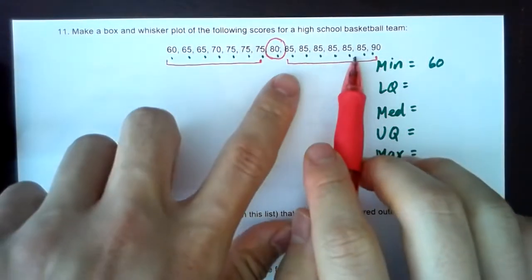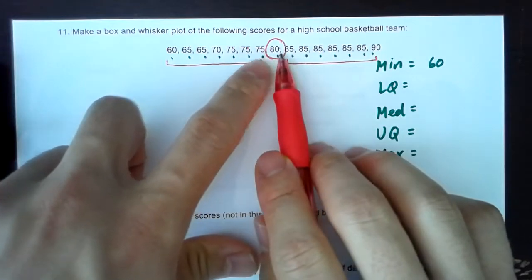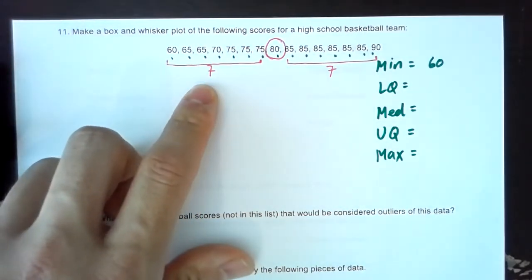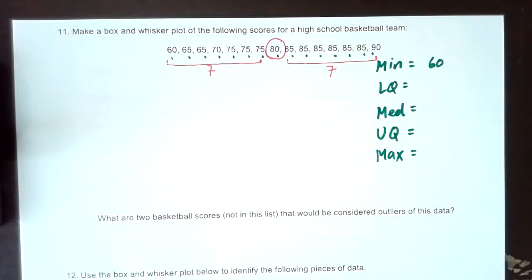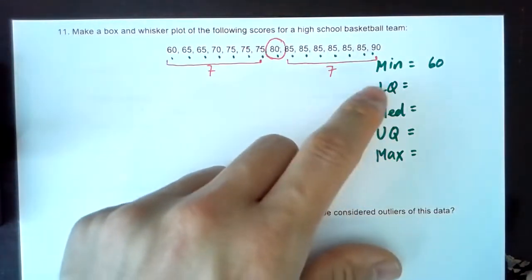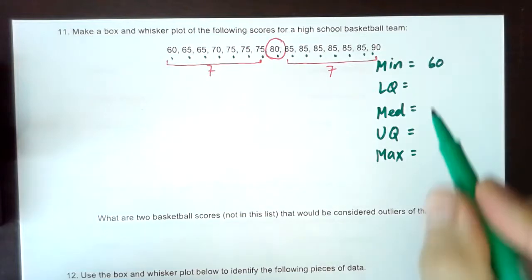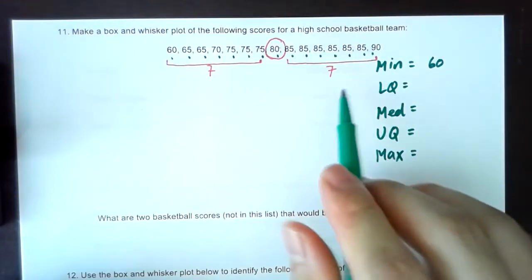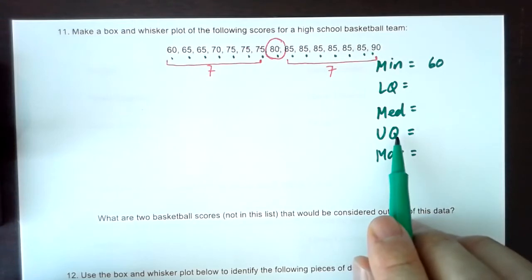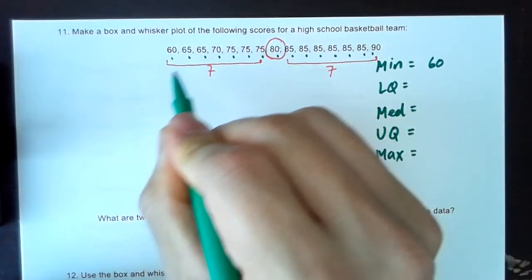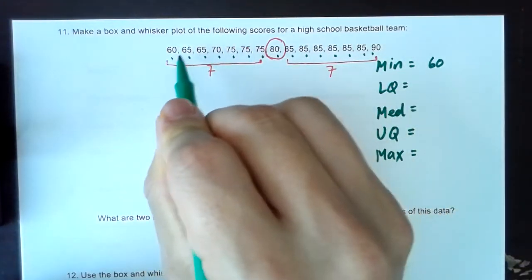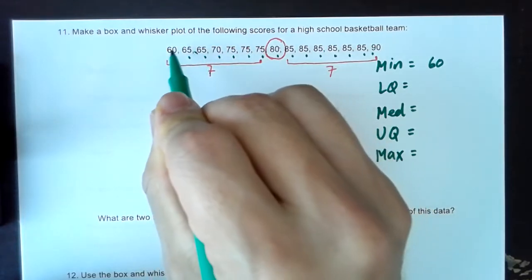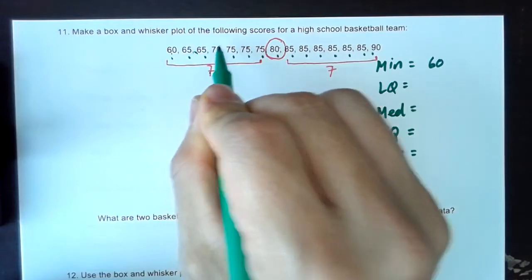Okay, notice there's 15 numbers. I took the eighth number out, so there's 7 numbers over here and 7 numbers over here. Now I can find the median of the first half because that's my lower quartile, and the median of the second half is also going to be my upper quartile. Out of 7, the median is the fourth number. 1, 2, 3, 4.